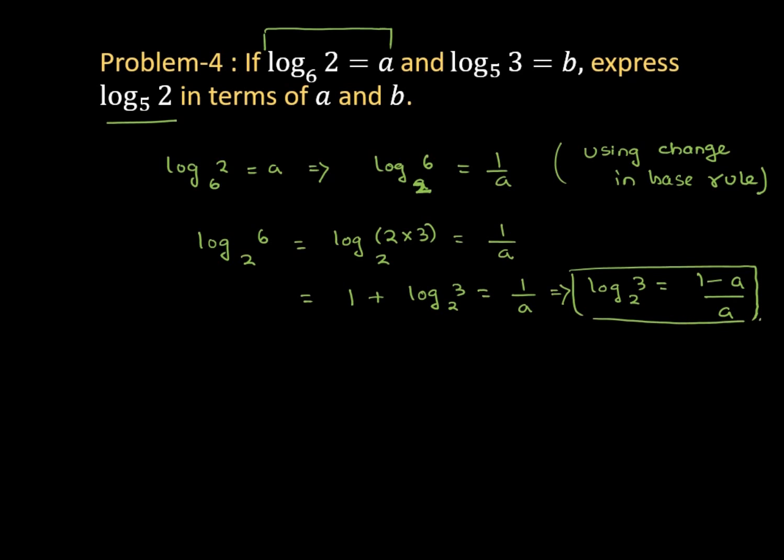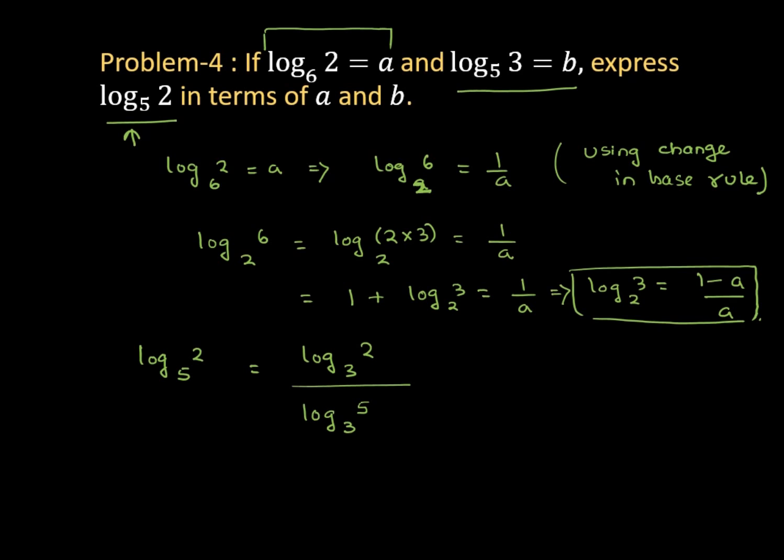Now let's come to the point: we are supposed to find log 2 base 5. So if I introduce a new base using the change in base rule, if I write it as log 2 base 3 over log 5 base 3, we already have log 3 base 5 and log 3 base 2.